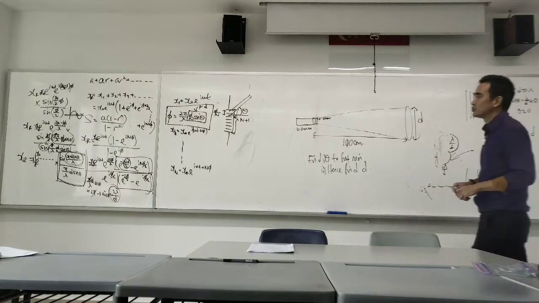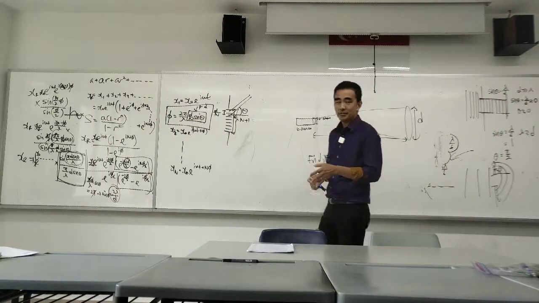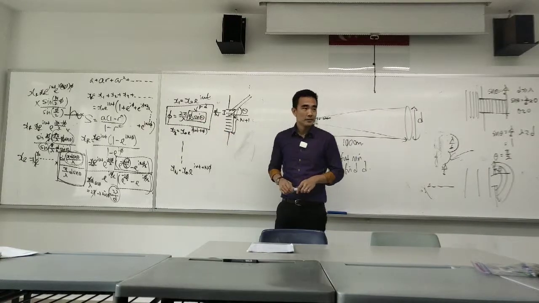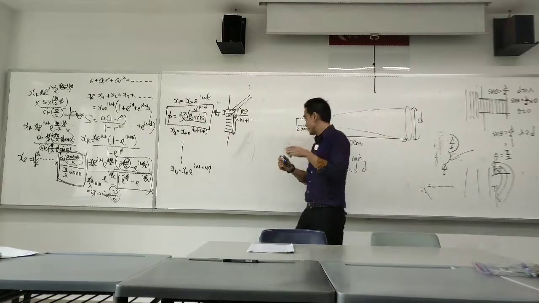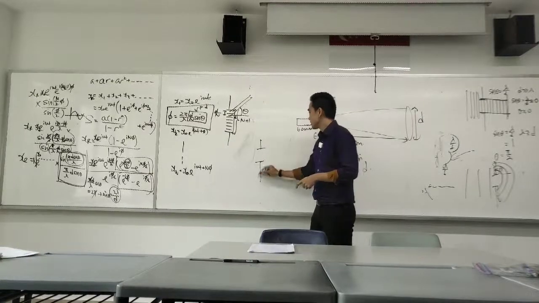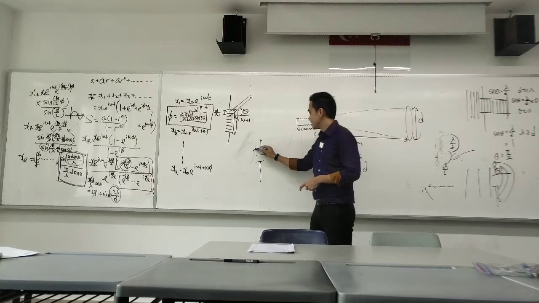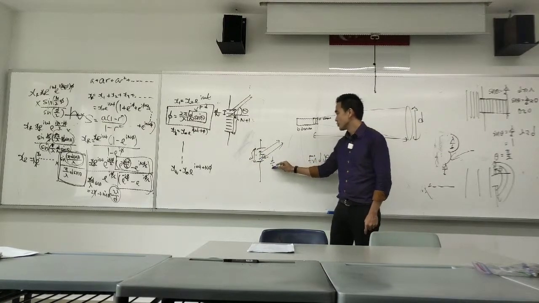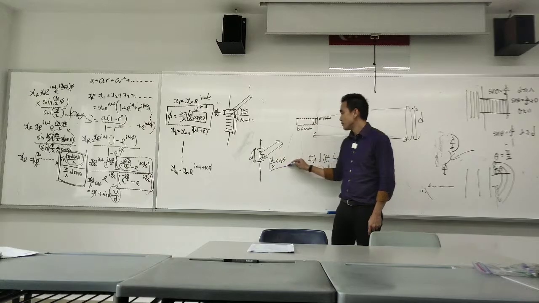Phi is basically 2 pi upon lambda times the path difference, and the path difference is this portion. Remember when we derived it: if this is d, then this is d upon 2, and the path difference of this wave is d upon 2 times sine theta. So it's almost the same form.